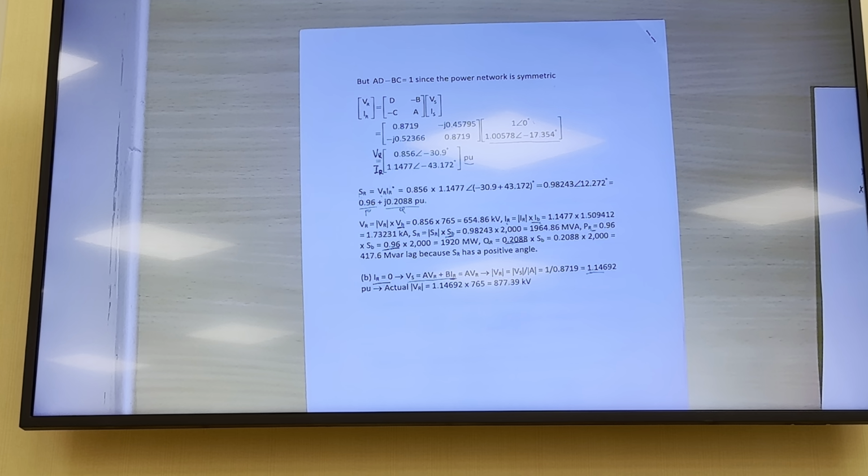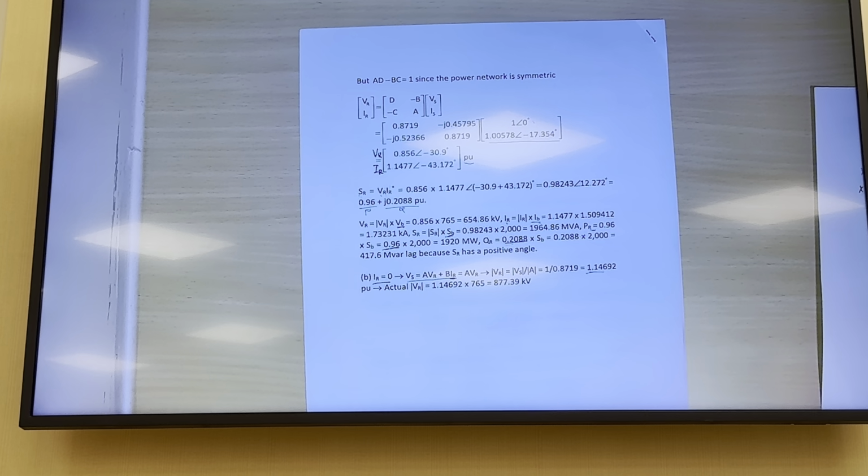S equals V times I's conjugate, that is this value, right? And you can write it in the phasor format or rectangular format, respectively corresponding to P and Q. Okay? And of course, you can convert them into real values, right?